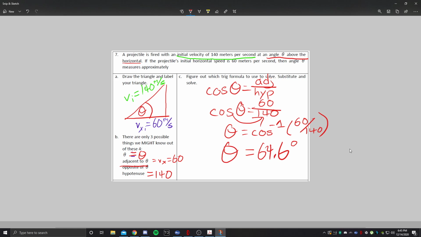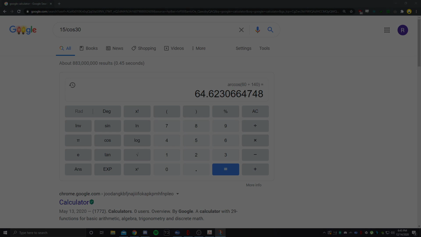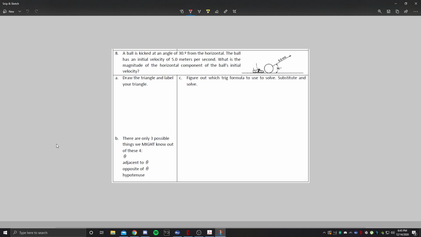That's the angle. All right, let's move on to 8. Here a ball is kicked at an angle of 30 degrees above the horizontal. So you know your angle is 30 degrees.